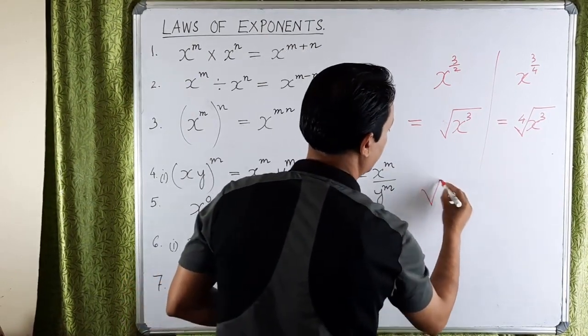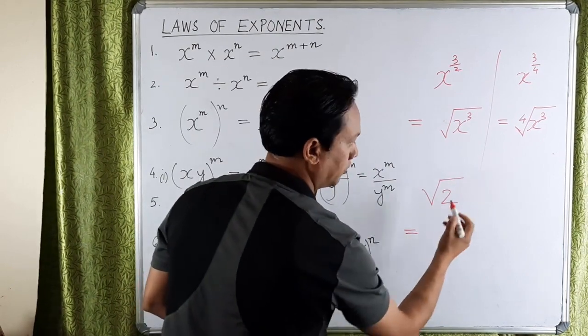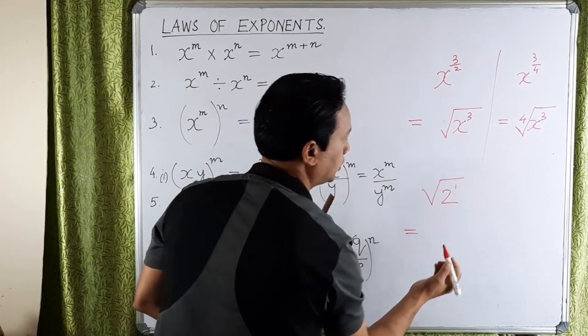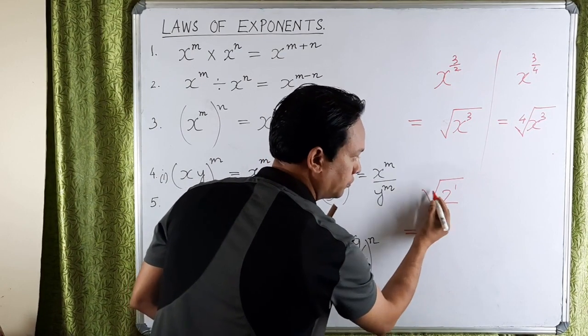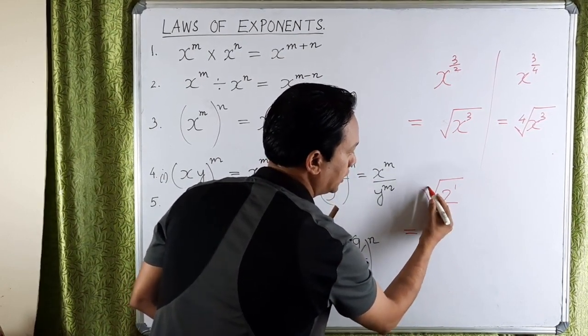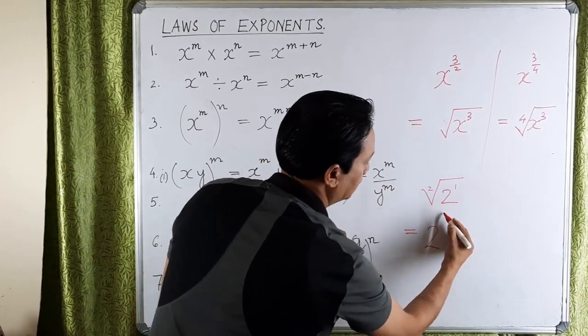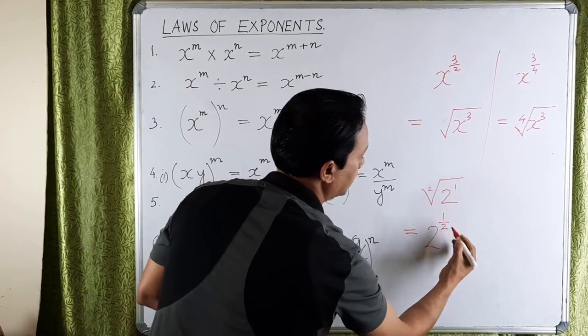Or you can take another example. Say we have square root of 2. This is in radical form. We can make it exponential form. If there is no number, we know the root number will be 2 here, which we don't write. So in exponential form, it will be 2 to the power 1 by 2.